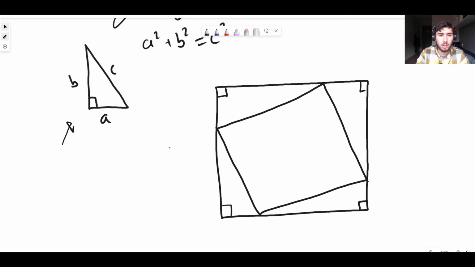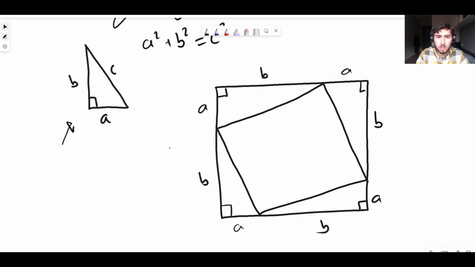Now I'm going to actually use this triangle here, and I'm going to say that these triangles that I've drawn on the shape on the right are actually going to be 4 lots of the triangle that's on the left. So we're going to say that this length here is A, this length here is B, this length's A, this length's B, A, B, A, and B. Do you see that?